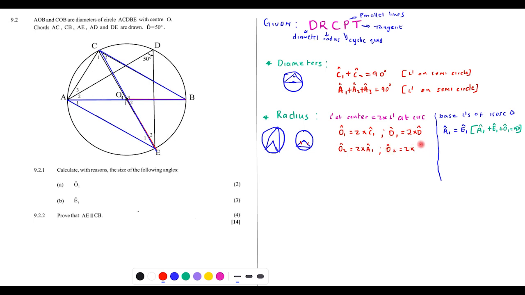All right, now here unfortunately we don't have an isosceles triangle because there's no line joining E to B. All right, so let's go ahead and look at another circle, another center. First remove these lines.